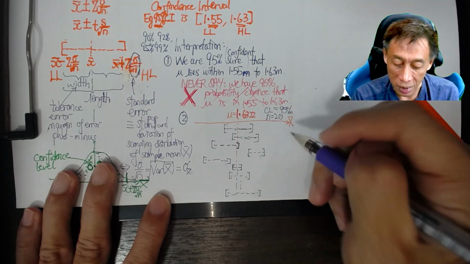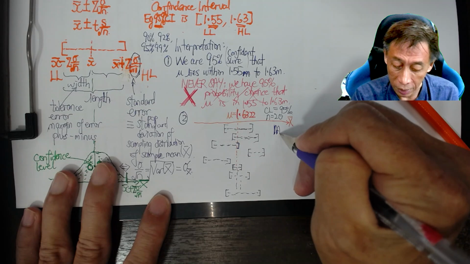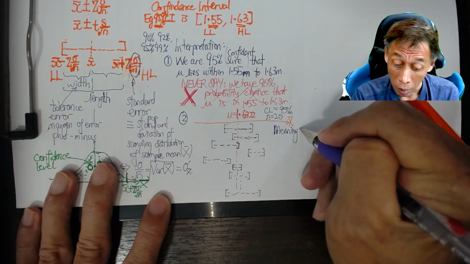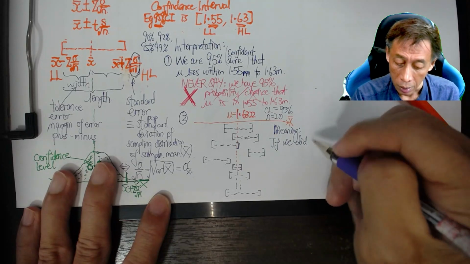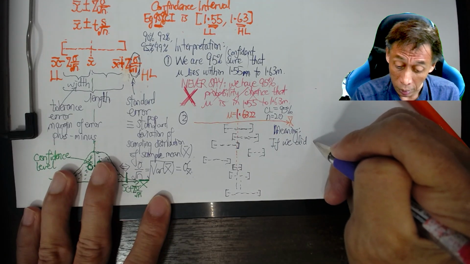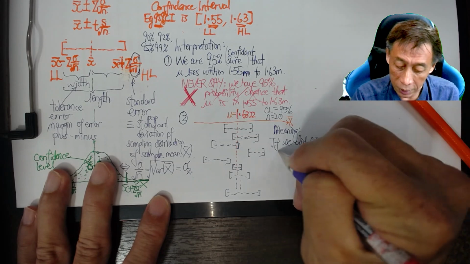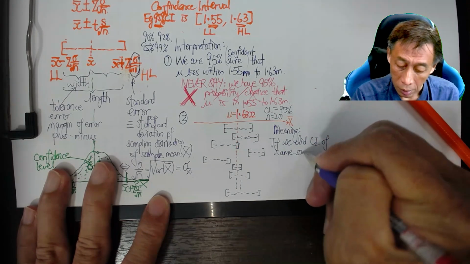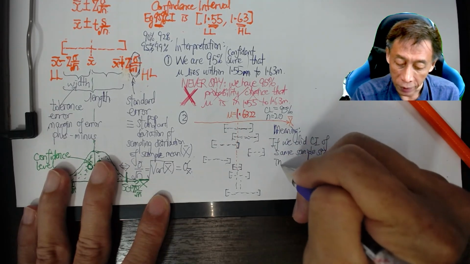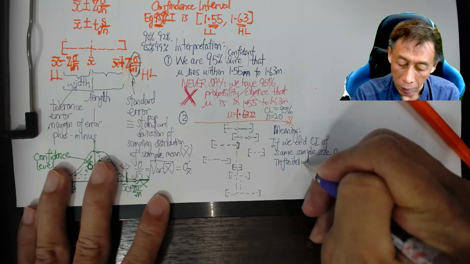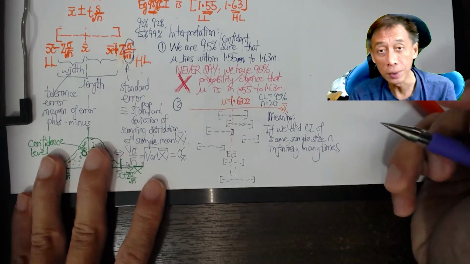So the interpretation, the meaning, is that if we did confidence intervals of the same sample size n infinitely many times, then what happens?